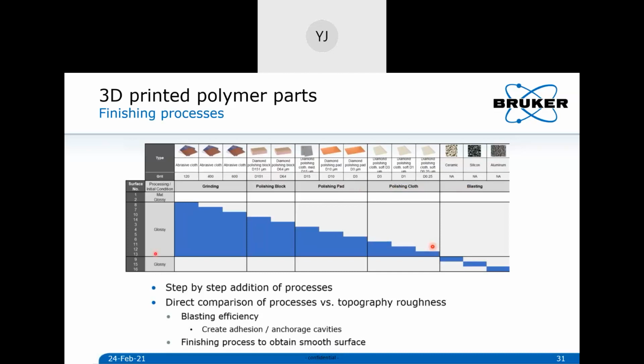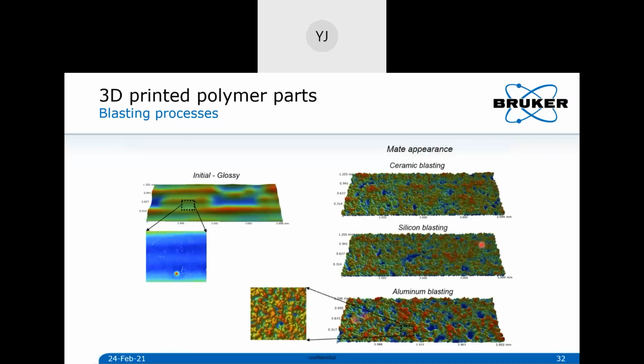So you go through different kinds of surface finishes now. The blasting ones will of course be much rougher compared to this very nice polishing pad and polishing cloth data, and you're going to get different kinds of finish from that. We will not look at all of them. I just want to show you one of the step processes and how it is done.